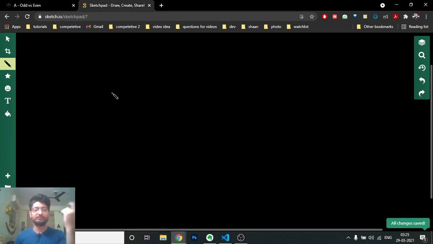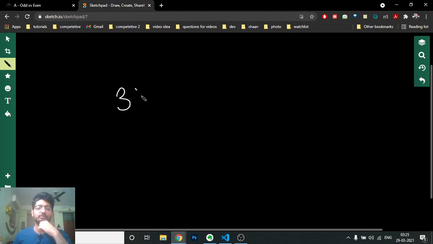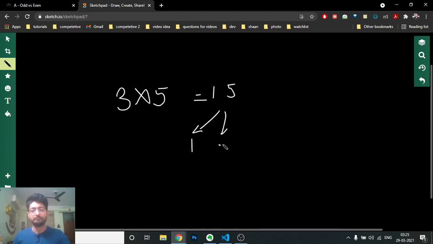The first thought that comes to our mind is, let's take a random number, but don't write it as a number, write it as its factors. Let's assume I have 3 into 5, which is 15. The divisors of this number are 1, 3, 5 and 15, which are all odd.